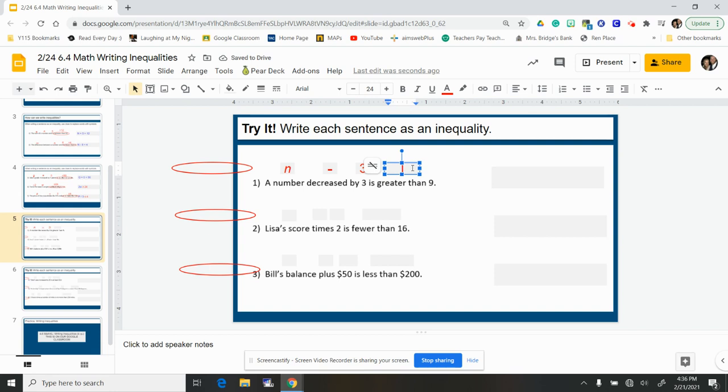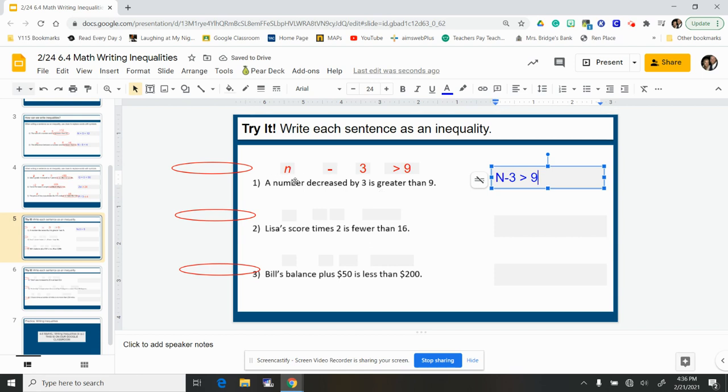Greater than 9. Okay, so I need to make sure that I'm putting the greater than symbol there towards the left side of the phrase, and 9 is important to pull out. So how this would look would be n minus 3 is greater than 9.